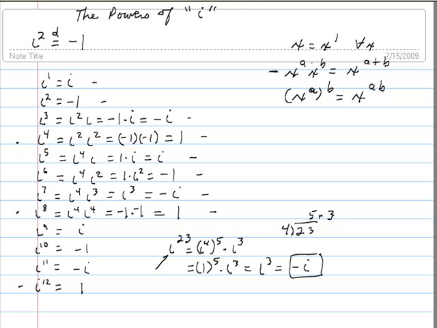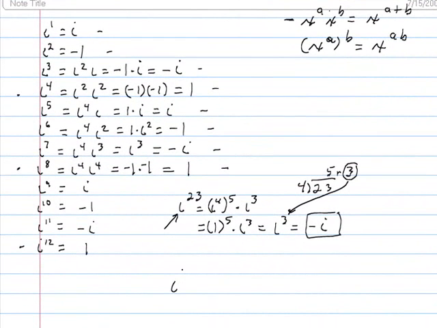Now the important part of the demonstration was this. When I took i to the 23rd, the only thing I really used was the remainder. i to the 23rd was exactly the same as i to the remainder. That's what always happens. So for example, if you wanted i to the 7,681 power, all you would have to do is take 7,681 and divide it by 4. 4 goes into 7 once.